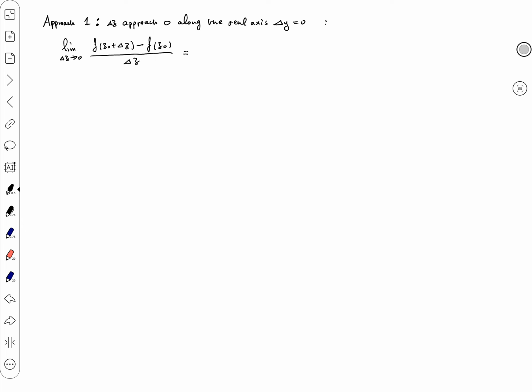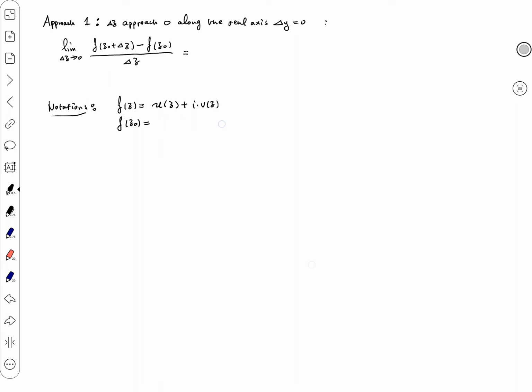So let's first introduce some notation. Let's write f(z) to be again u plus i v, and for this f(z naught), let's denote it by u(z naught) plus i v(z naught).